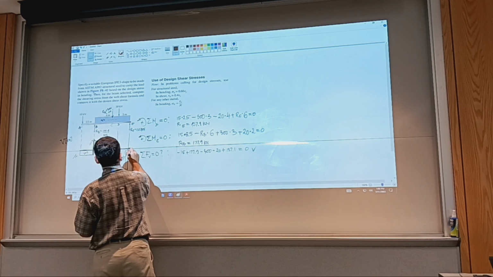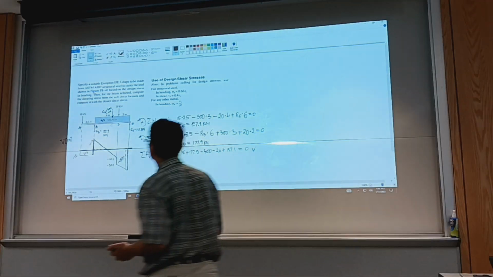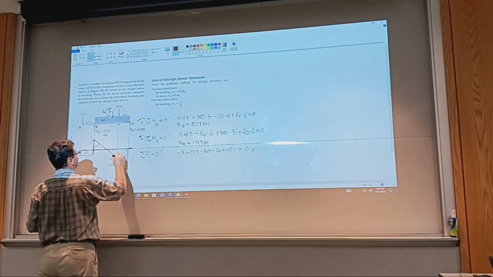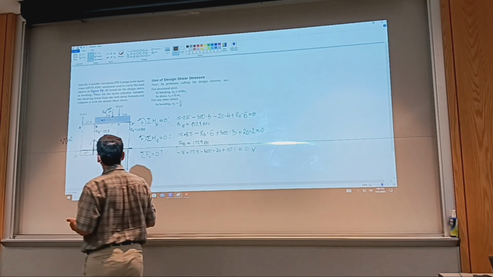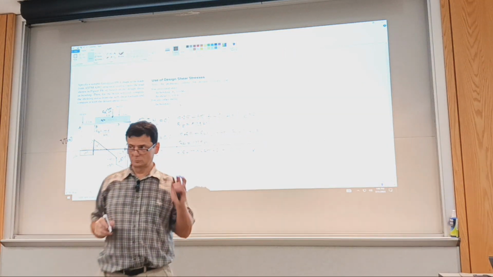It's like the free beam, no load. Was it clear? Okay. So I think we have a correct V diagram. This is positive. This is negative. This time is directly useful.